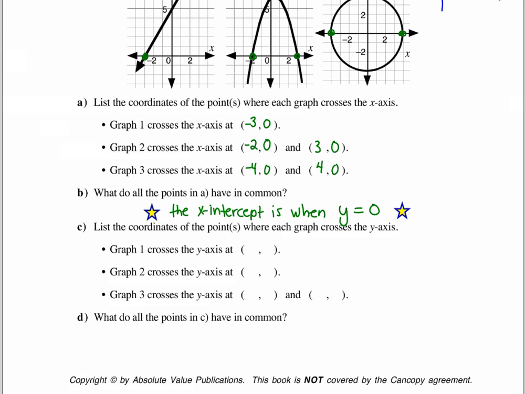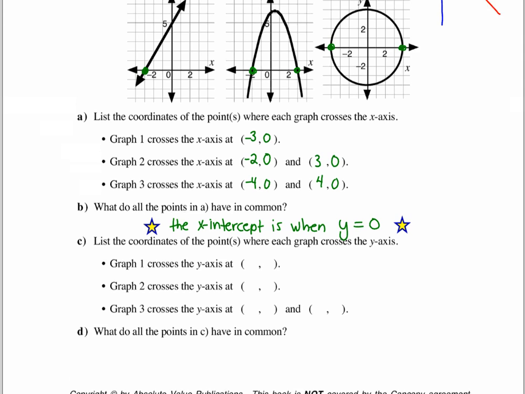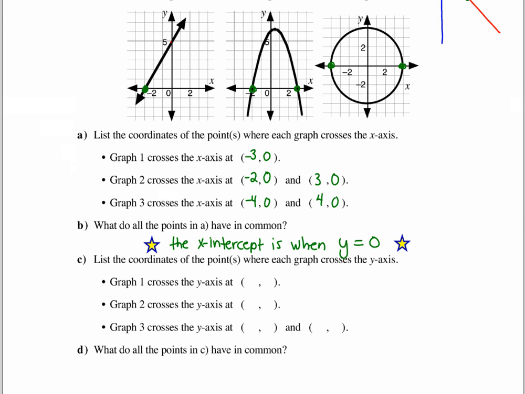So let's look at our y-intercepts now. Graph 1, what's the y-intercept? What would be that coordinate? X is 0, y is 5. What about graph 2? 0, 6.